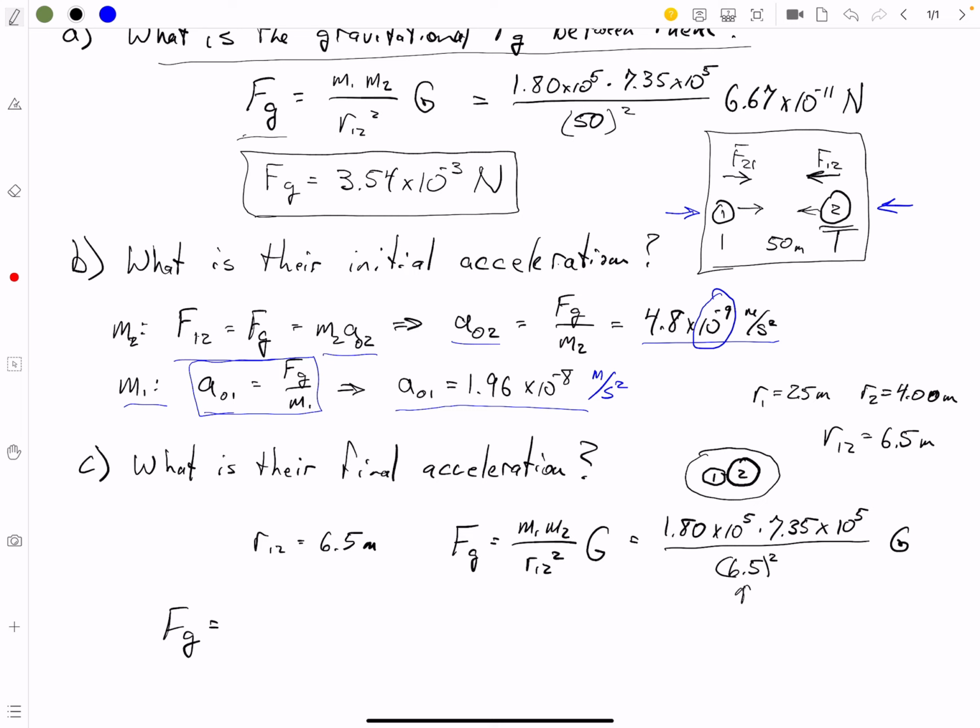We'll multiply that in there, and we get 2.76, well, let's say 77 for 3 digits, times 10 to the minus 6, and that's newtons.